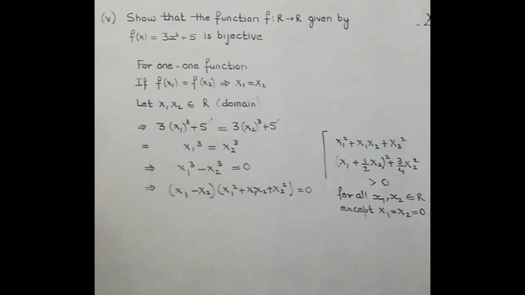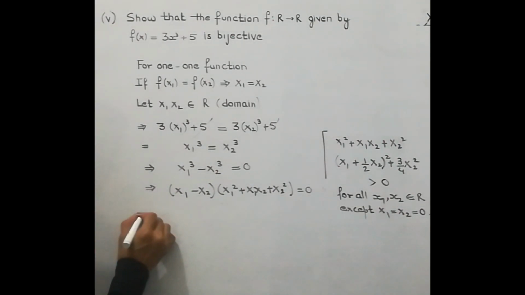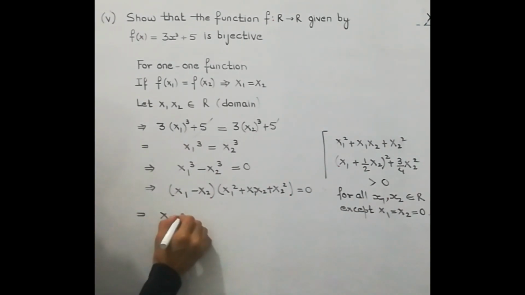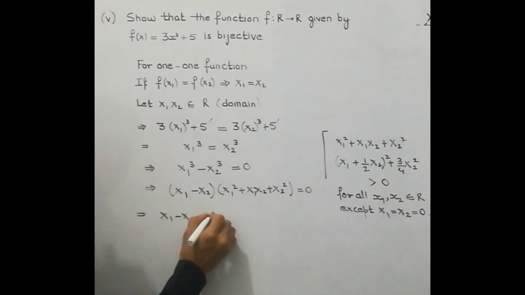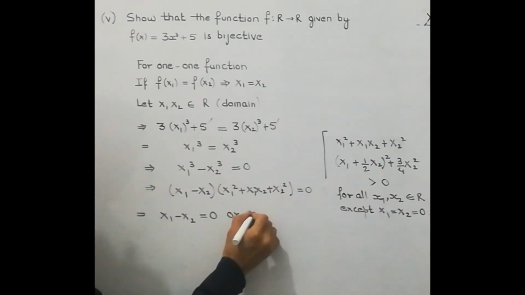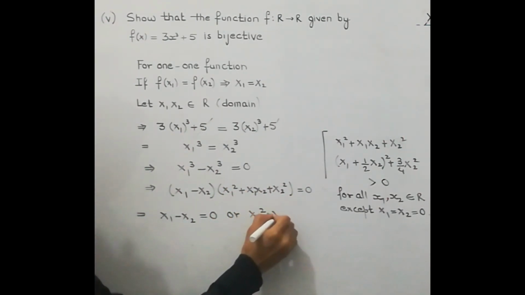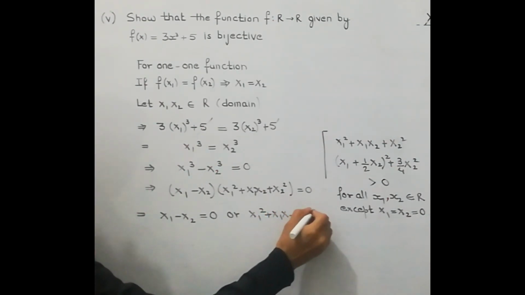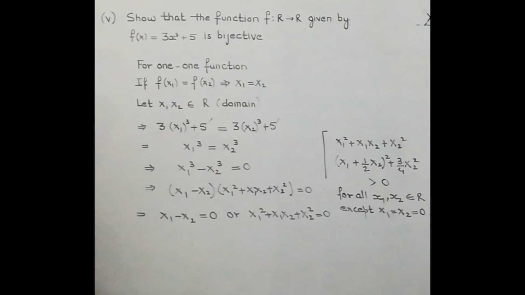So from here we are getting either this is equal to 0 or this is also equal to 0, but it is under the condition that x1 is equal to x2.